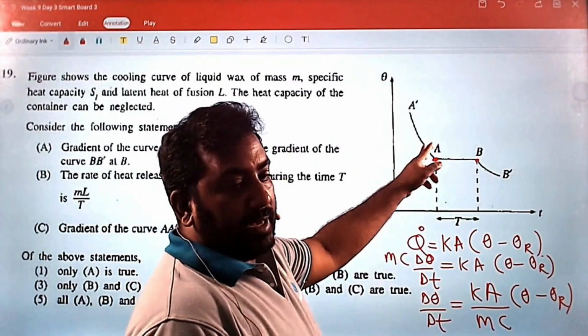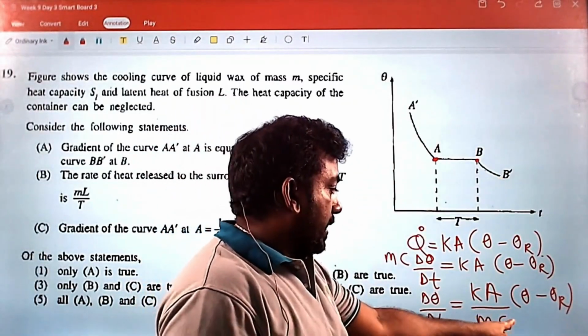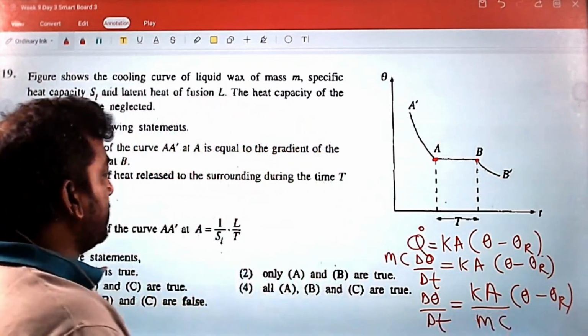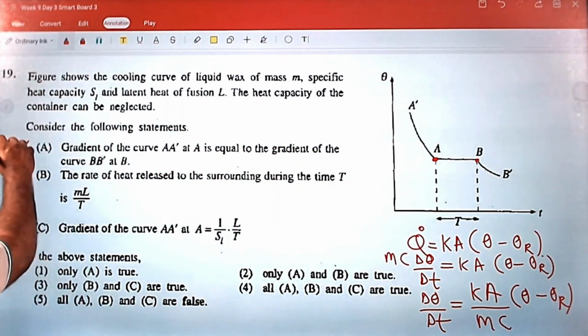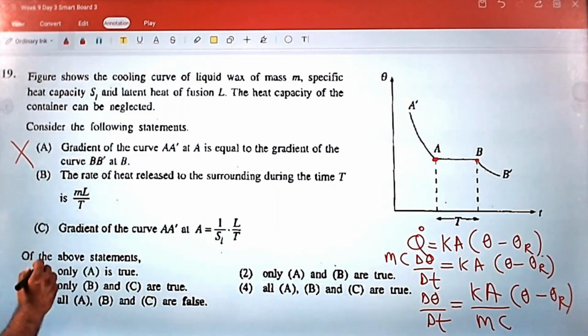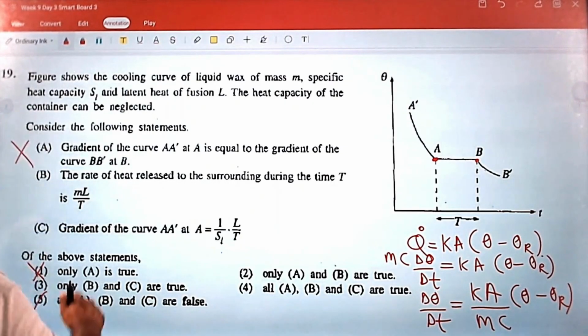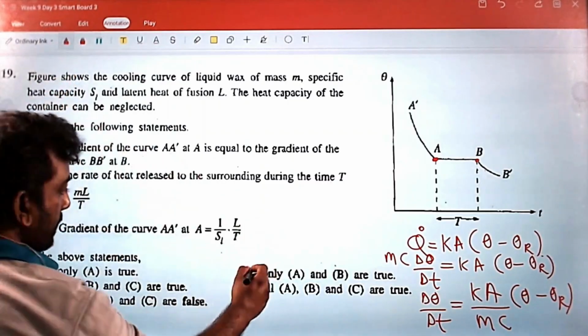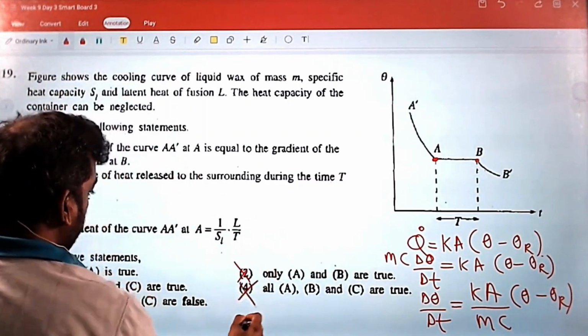Here it might be a liquid, here it might be a solid. The specific heat capacity changes, so obviously the gradient will change. Statement A is wrong. So 1 is wrong. 2 is wrong. 4 is wrong.